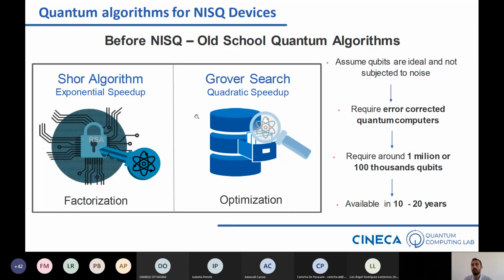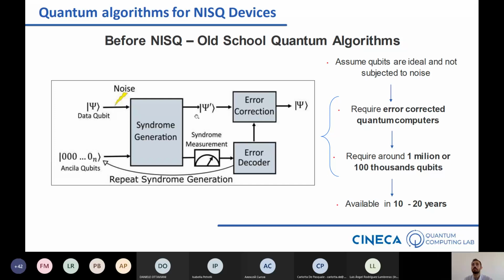So they need error correcting quantum computers, some of the things that you have seen yesterday. You need to add ancillary qubits in order to perform the syndrome measurement, to understand what error is going on and then correct it, applying the proper set of gates depending on the outcome of your syndrome measurement.